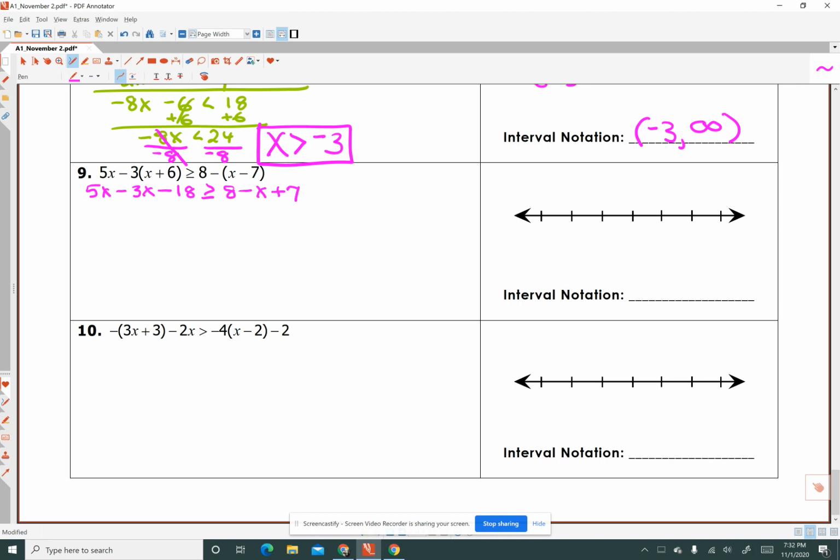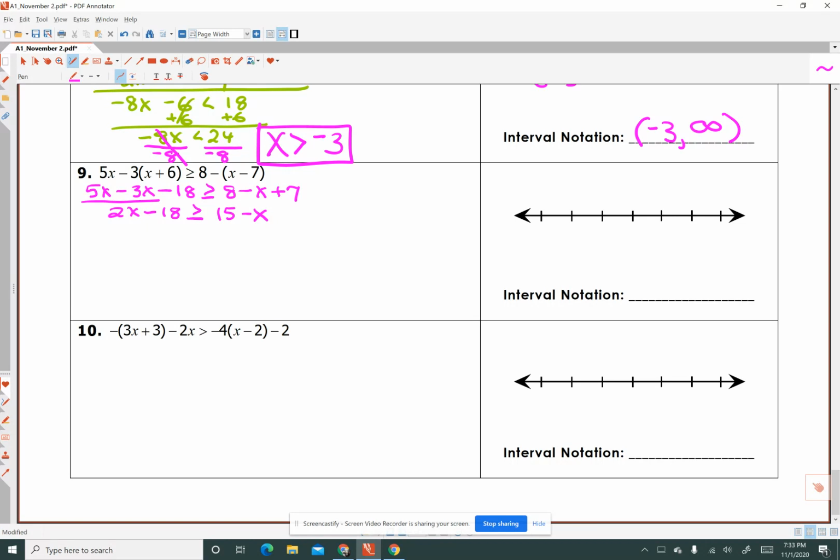So let's combine. 5x minus 3x is 2x minus 18 is greater than or equal to, we have 8 plus 7 is 15, and we have that negative x, so 15 minus x.